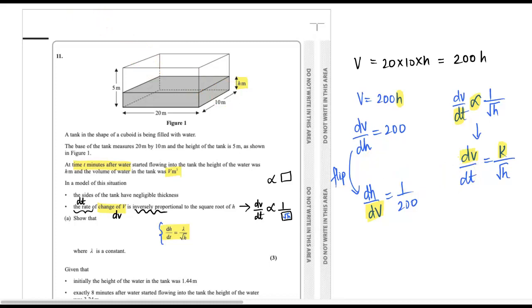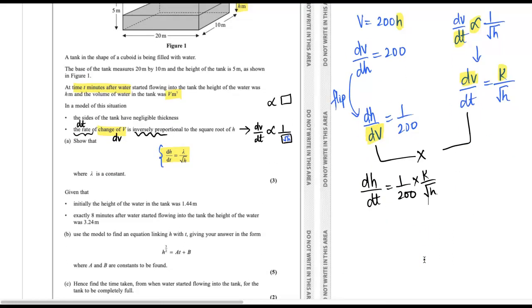If we just multiply these two, we're going to be getting dH over dt, and dV will be cancelled, right? That gives you 1 over 200 times k over root h. Okay, that's nice. So it is something like what it was asking to prove.